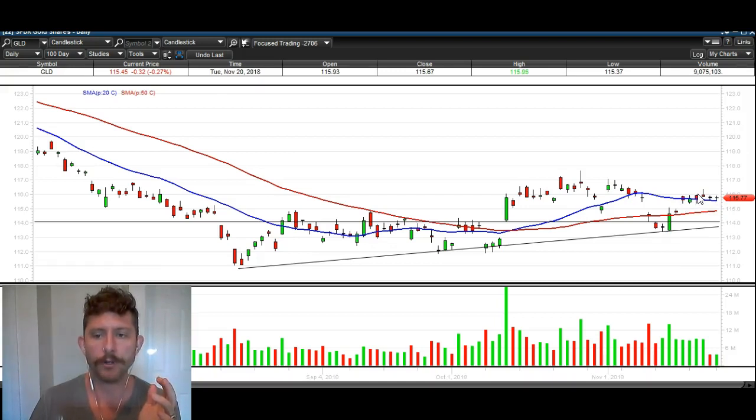I think that if we just break over this resistance, here's that little downtrend line that we have right here. You can see that it's been resistance here for a little while. And right here, this little action that we're seeing, to me, this is bullish. This is bullish because we had a gap up and then we traded sideways.